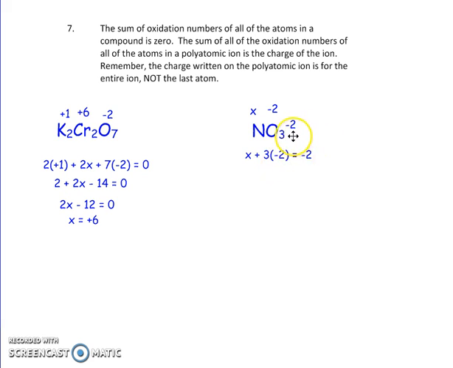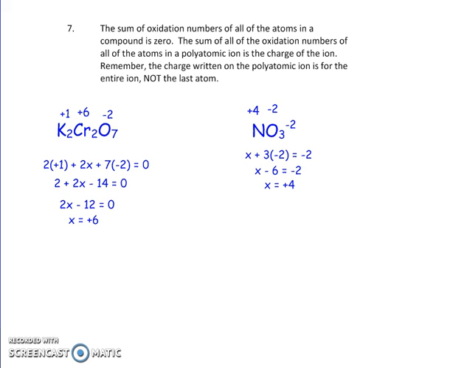In this case, it tells me it's a polyatomic ion with a charge of -2, so those have to add up to -2. So if I solve that, I have X minus 6 equals -2. So X has to equal +4. So now I can take the X out, and I know that nitrogen has a charge of +4.